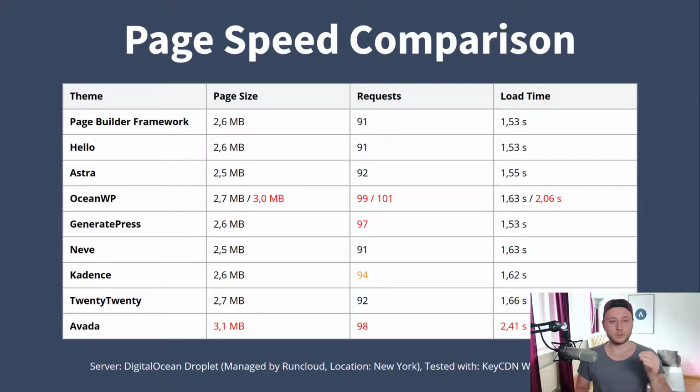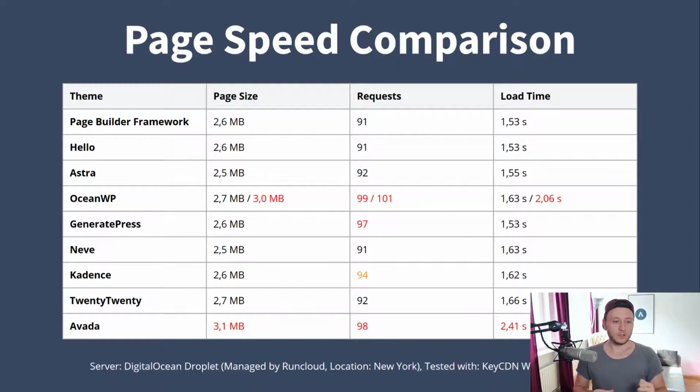Page Builder Framework comes in at 2.6 megabytes, Astra at 2.5, OceanWP at 2.7 and 3.0 with their recommended plugin installed. When you install OceanWP, it tells you to install an add-on plugin. But since it was not required and just recommended, I thought I would provide both numbers here.